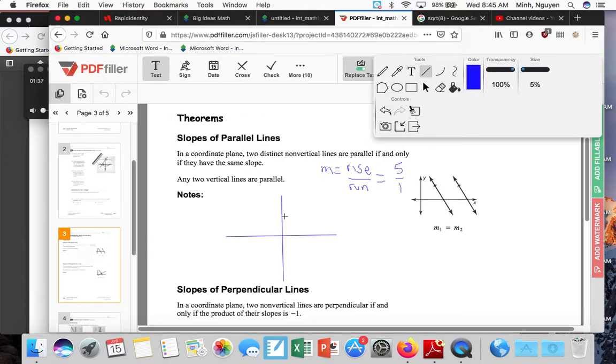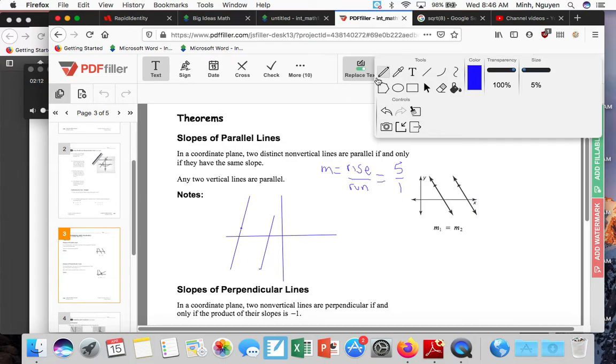So up 5 over 1, so you could literally start at any point and be like, oh, okay, I'll start right here. And if it goes up 5, 1, 2, 3, 4, 5, and over 1, and this is just me spitballing here, and then I could start anywhere else, like here, and go up 5 over 1, up 5 over 1. Then the lines would be parallel.